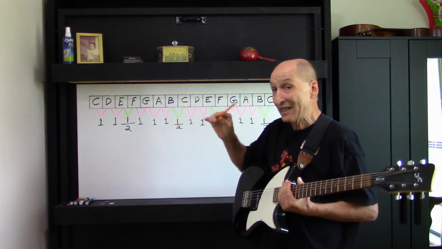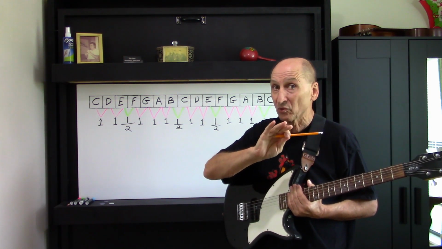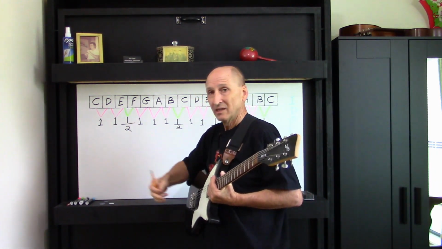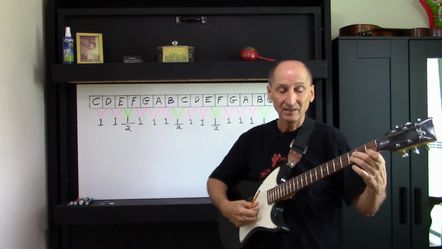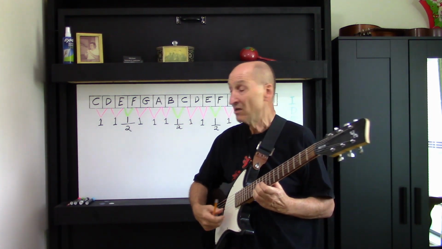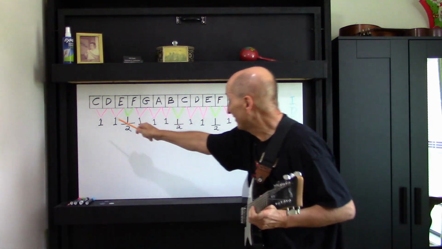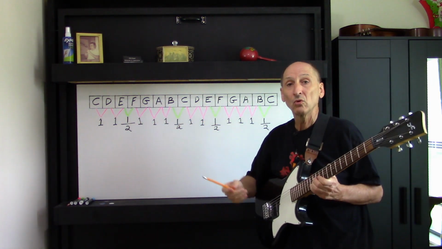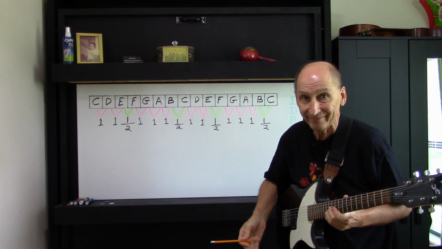Now, in the key of C, that's important. Again, we're dealing with all natural notes. When you start on C and you go C, D, E, F, G, A, B, C, playing these notes at that distance apart, you've played what we call the Ionian mode.